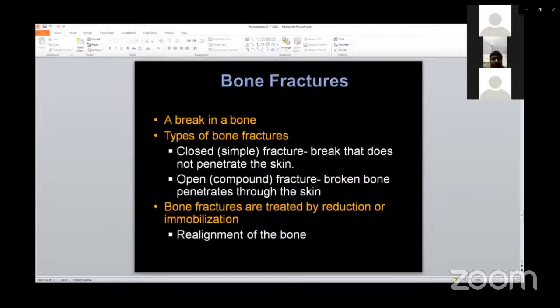When there is a break in the bone, but the broken piece of the bone doesn't penetrate the skin, it is considered a closed or simple fracture. When the broken piece of the bone penetrates through the skin, it is called an open or compound fracture.